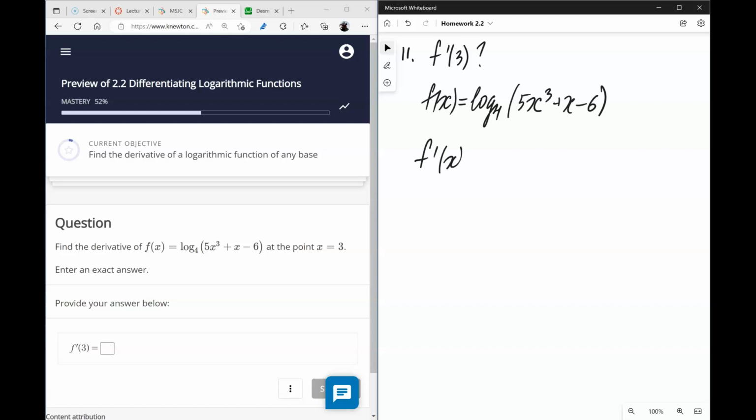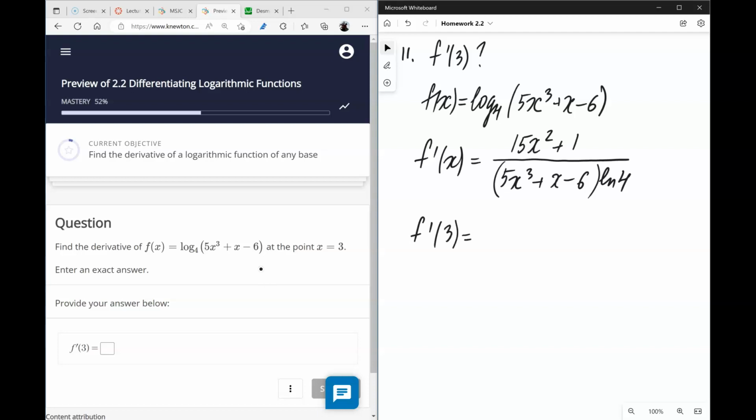Derivative is going to be 5x cubed plus x minus 6 times ln of 4 in the denominator, and in the numerator it's going to be the derivative of this, so it's going to be 15x squared plus 1. Evaluating the derivative at 3 gives us 15 times 9 plus 1 divided by 5 times 27 plus 3 minus 6 ln of 4.